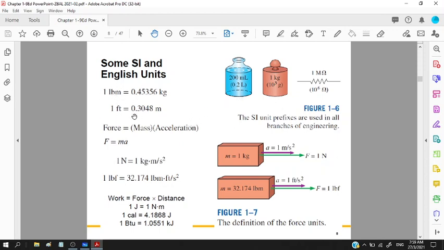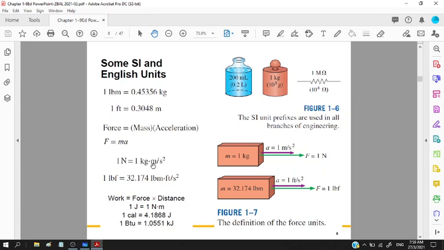So these are some of the units that we have. This is the English unit, also known as the imperial unit. And this is the unit conversion. Okay, this is called unit conversion. So for example, if we have force equal to M times A, or force equal to M times G, when M times A, we get kilogram meter per second squared, and it's also known as Newton.